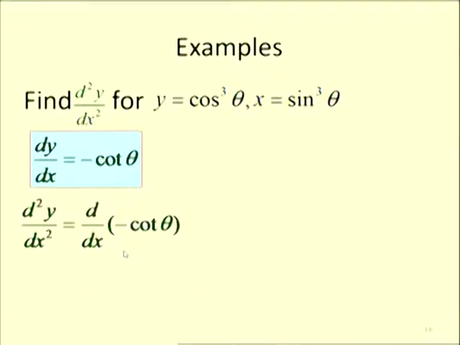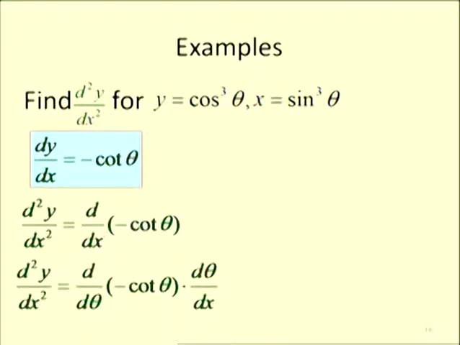So here we get derivative of minus cot theta with respect to theta into d theta by dx. This is called chain rule, as we have seen in the derivative of composite function. Now derivative of cot theta with respect to theta is minus cosec square theta.